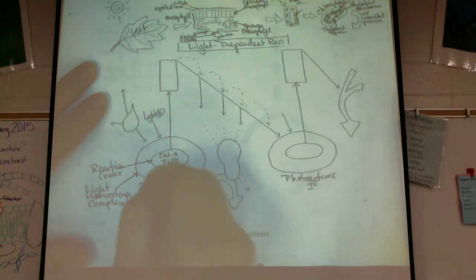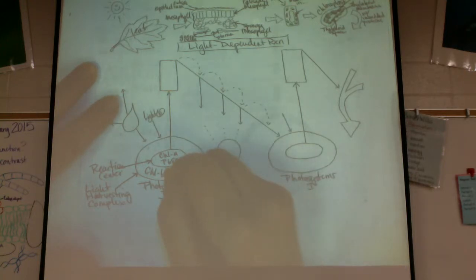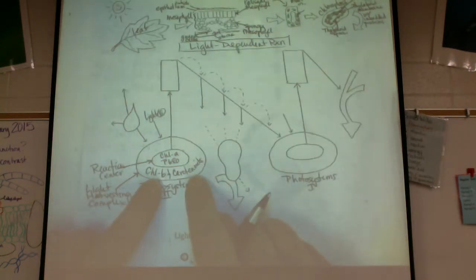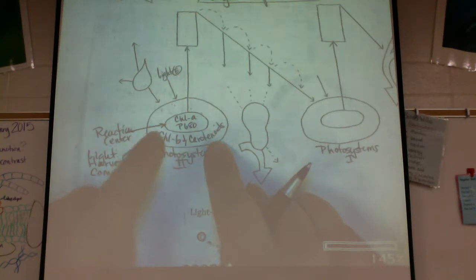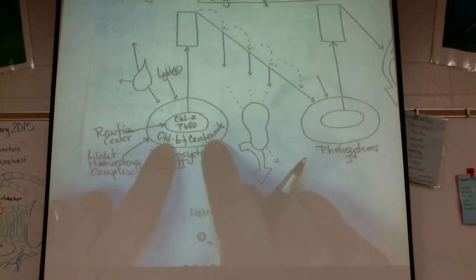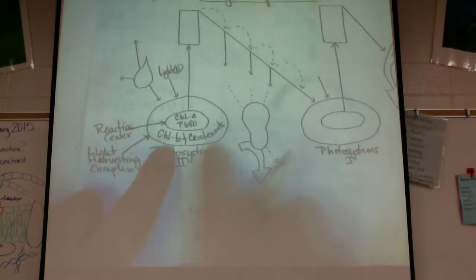In that, there is chlorophyll B and the carotenoids, okay? Those 2 are what we call accessory pigments, okay? Remember, we've got chlorophyll A is the primary photosynthetic pigment. Then you have chlorophyll B and the carotenoids, which are accessory pigments, like being an accessory to a crime, right? They're helpers in this process, okay?